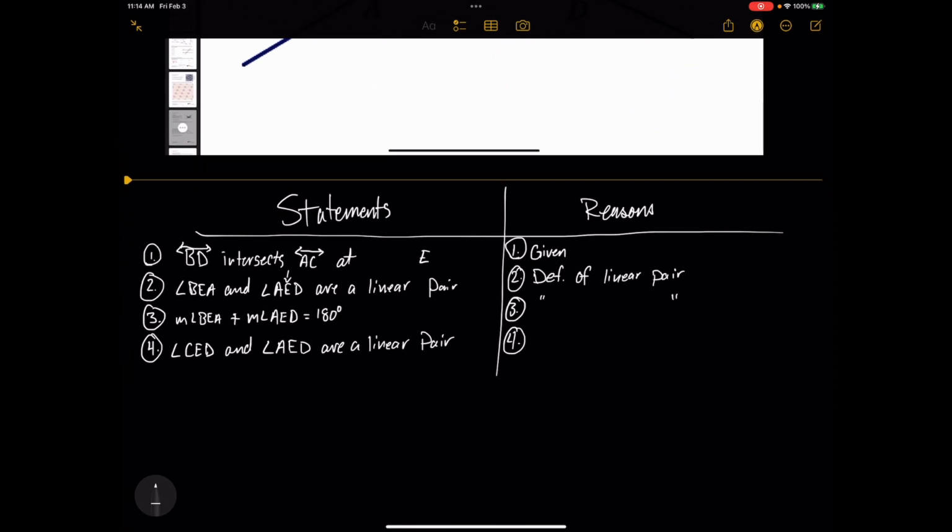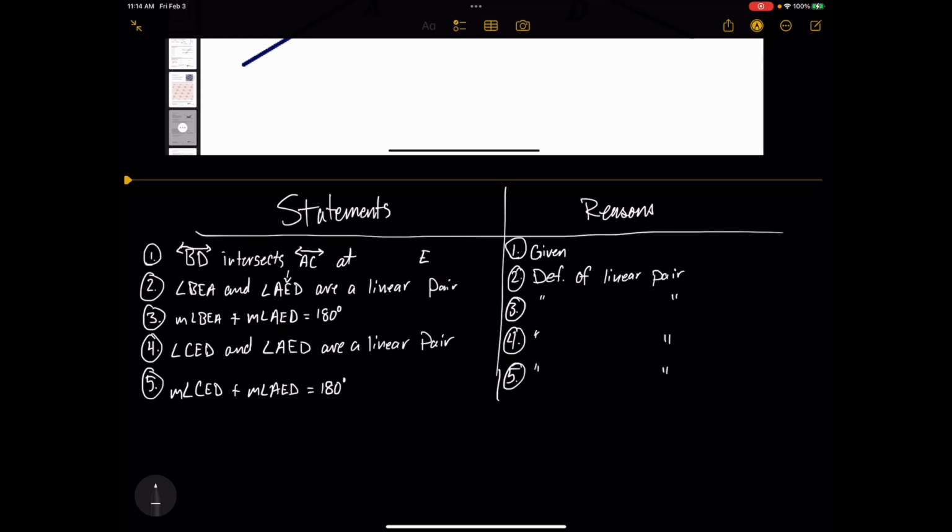Why can I say that? Definition of linear pair. There are going to be 4 in a row that are just definition of linear pair. What's step number 5? The measure of angle CED plus the measure of angle AED equals 180, for the same reason.